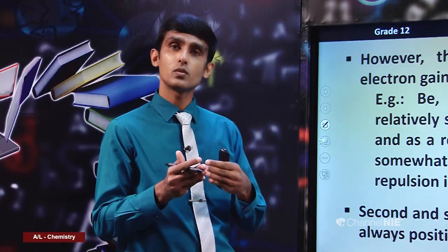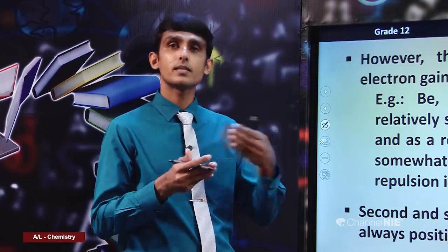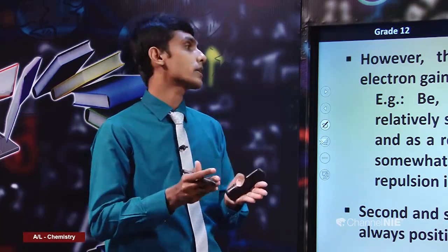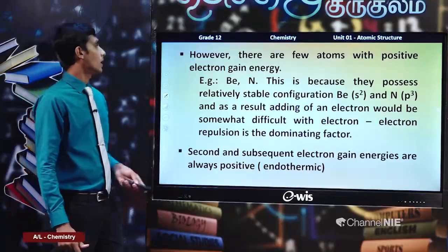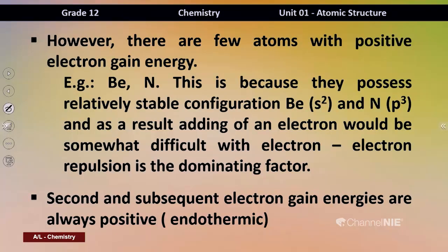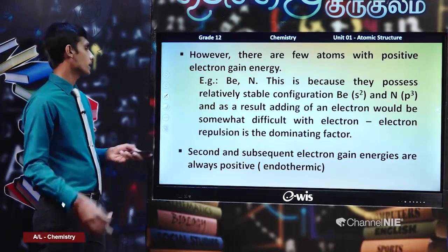Other elements in group 15 have less negative electron gain energies because they have relatively stable electron configurations, either completely filled or half filled sub-energy levels.